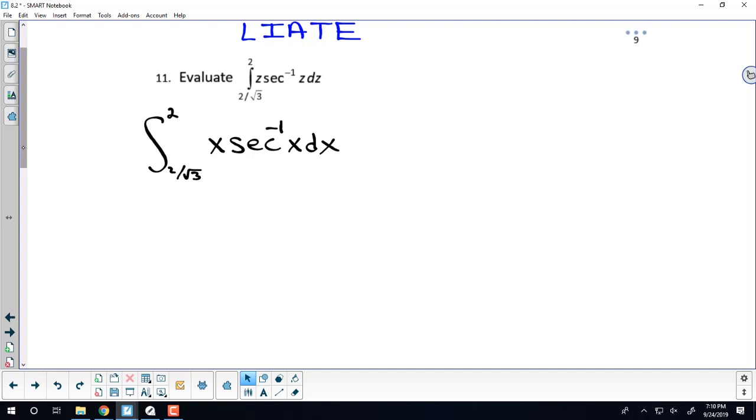What's the bound? The square root, I feel like. dv is equal to x.